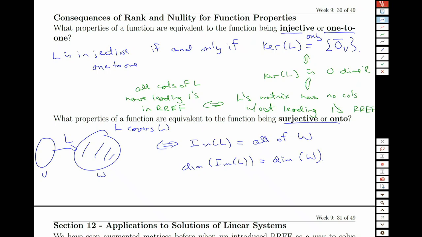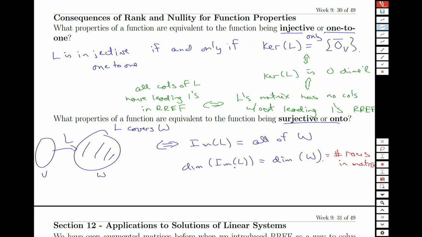Let's see if there's anything else I'm going to say about that. Oh, yeah. Oh, wait, hold on. Let's go back a second here. If we have that, then the dimension of W is equal to the number of rows in our matrix.